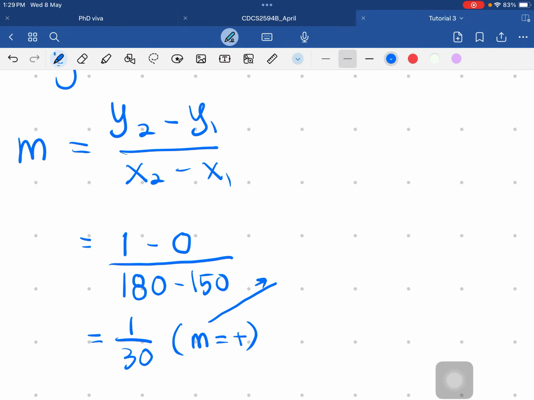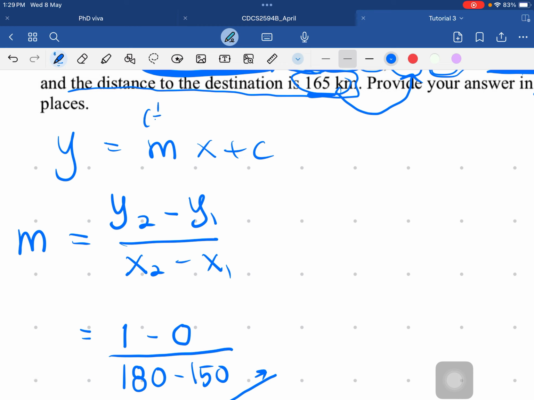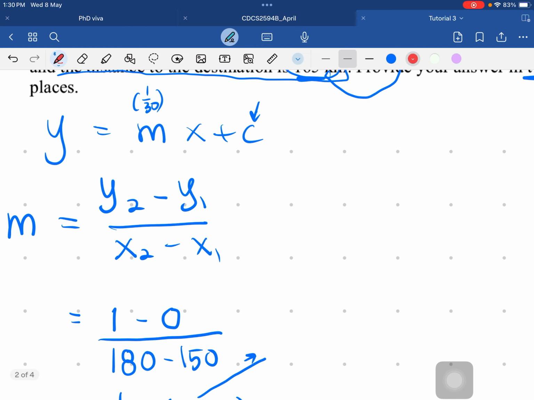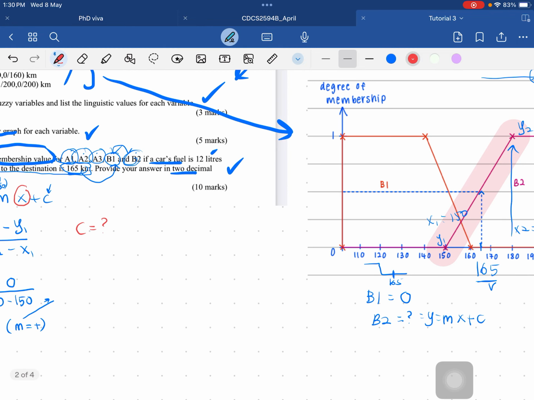Then what you need to do is find the c. So we have here 1 over 30, and then you need to find the c now. C would be equal to how? Okay, so we need to replace the value of x and y with the values that are available in the graph.